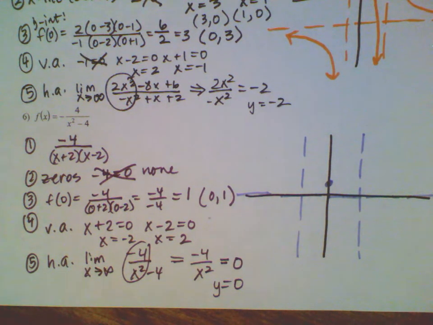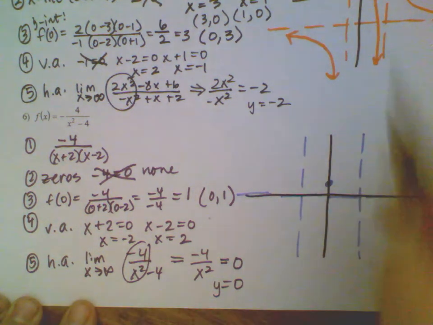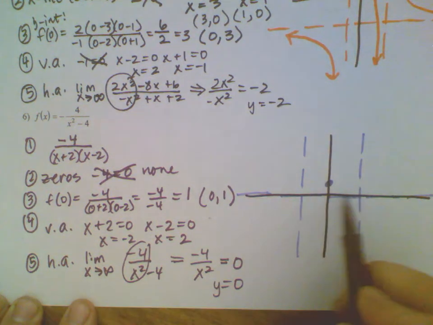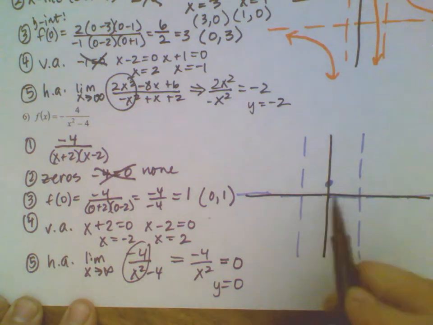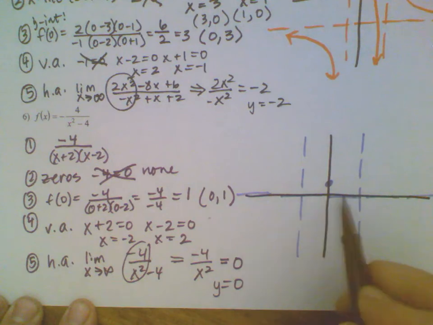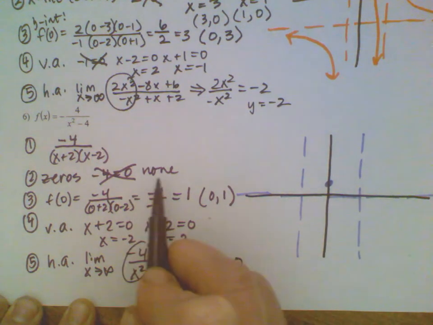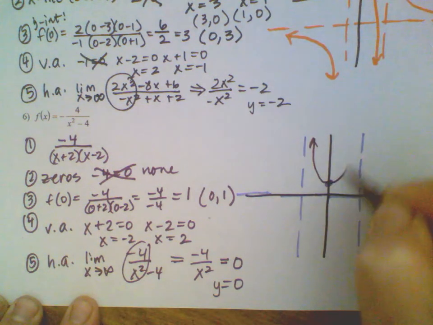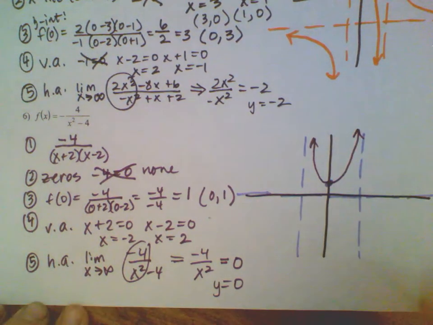I'm not real sure what's going on, because it can cross the horizontal asymptote. However, keep in mind, there are no points on this x-axis, so this cannot cut through the axis because there are no openings for it, because there were no x-intercepts. So from that point, it can only go up. That's my only choice. It can't go down.